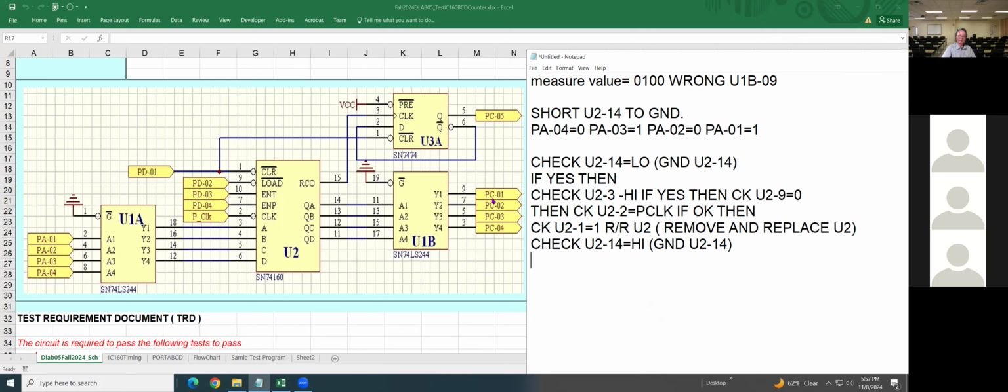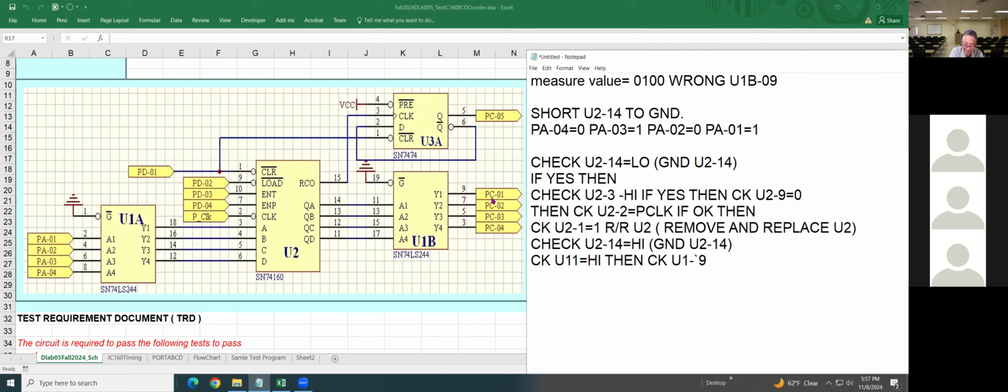Okay, I can tell you. You say check A1 pin 11, right? Yes. If it's high, then check A1 pin number 19.